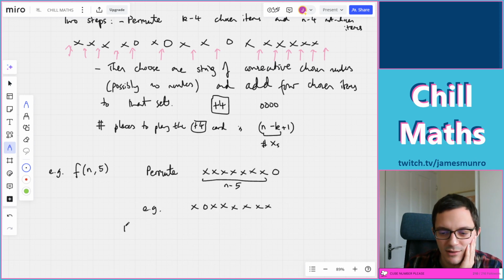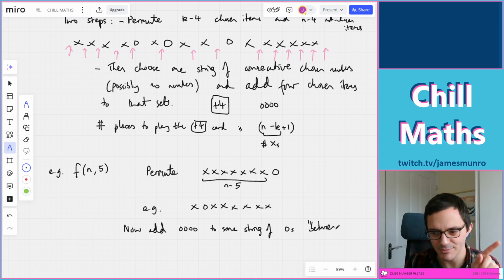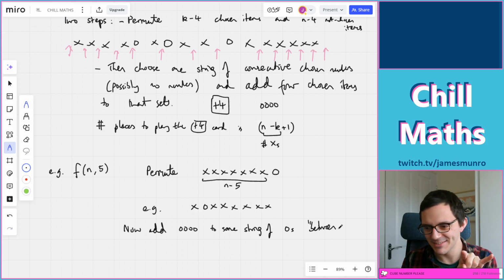This. Now add 4 to some string of O's, possibly 0 length. I kind of want to say between 2 x's, but there's those ones on the ends, so let's hope that's not too confusing. Or at front or end or something.